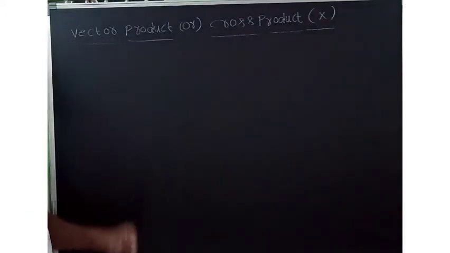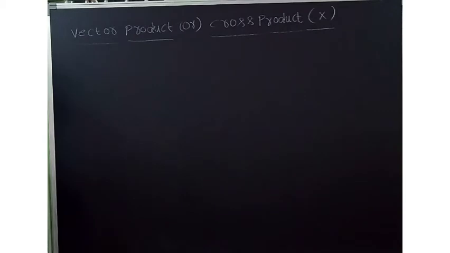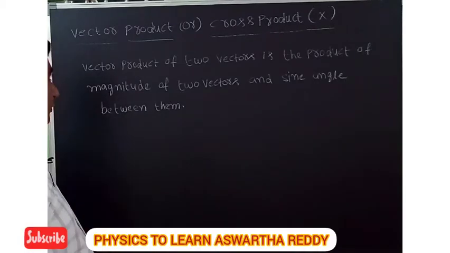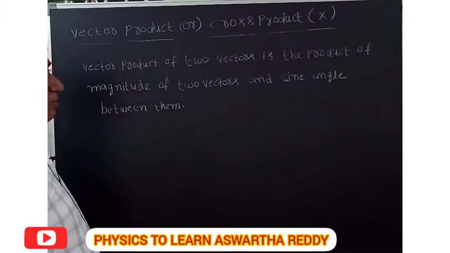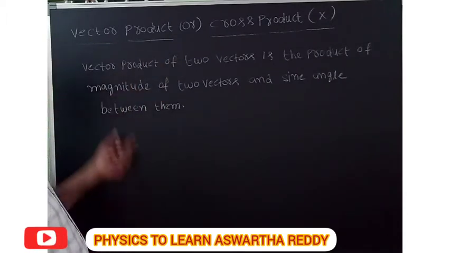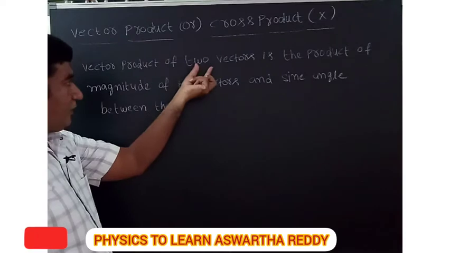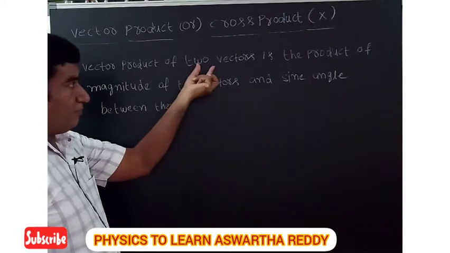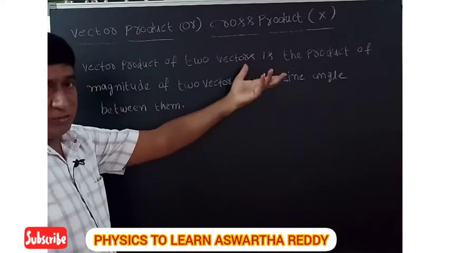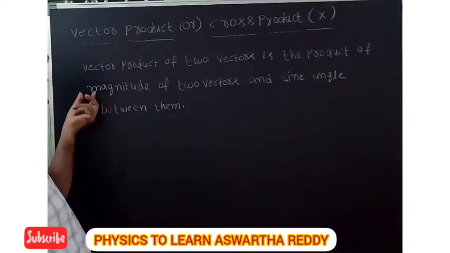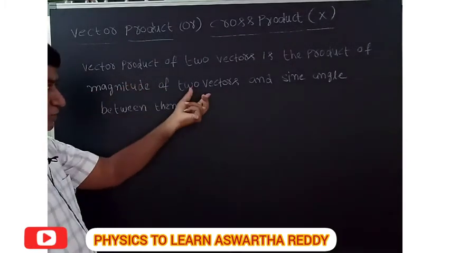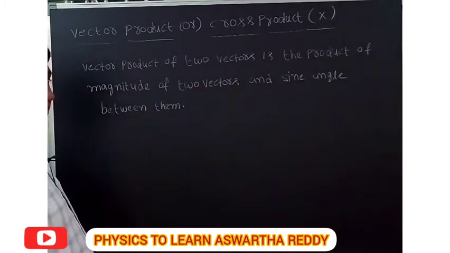So this cross product, how can we define it? This is the definition for vector product, or we can call it cross product. Here we are considering two vectors. Product means multiplication of the magnitude of the two vectors and the sine of the angle between them.